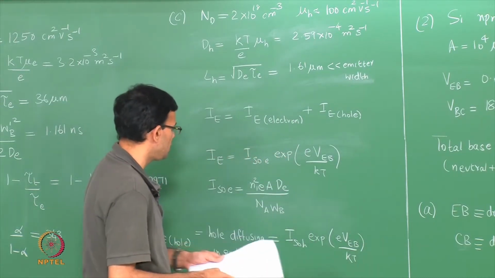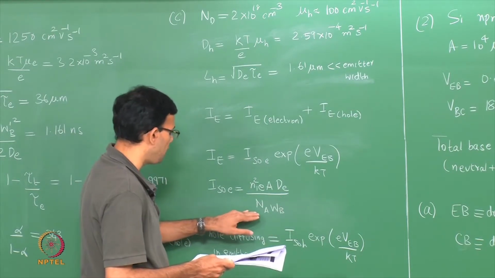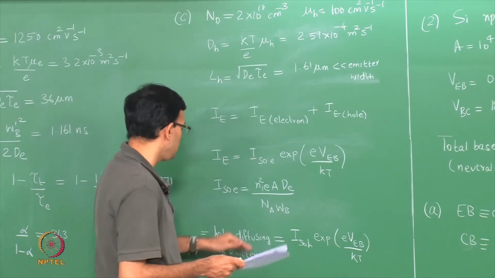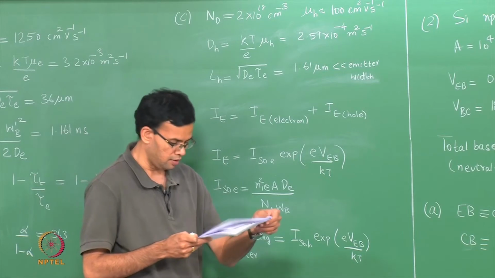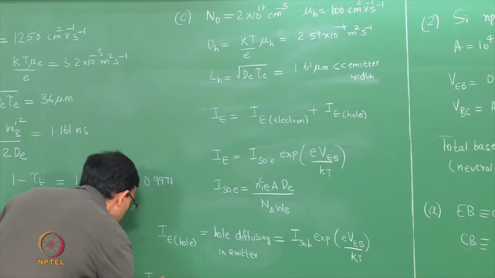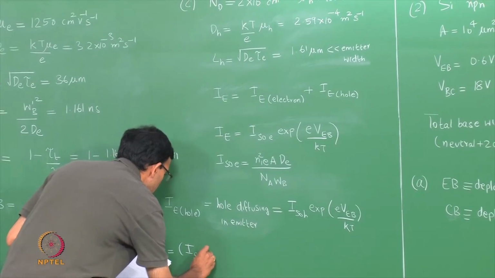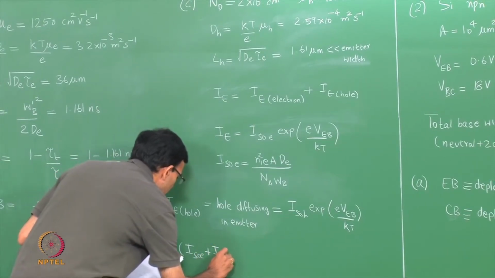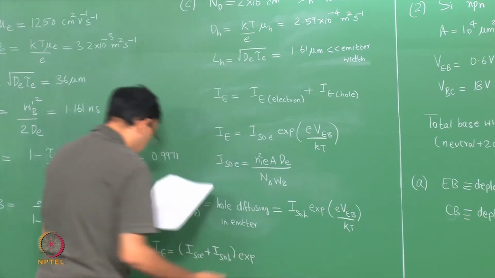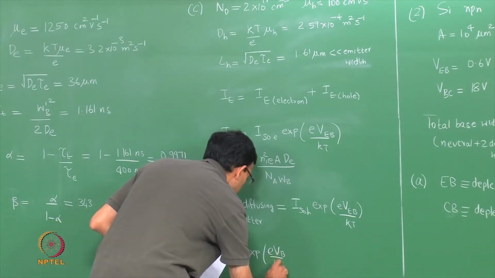In this particular case I S naught H will have a similar value, except this will have ND and will have DH. So, we can take these two components and add them together, so that your IE, which is the emitter current, is I S naught E plus I S naught H exponential EVEB over kT.